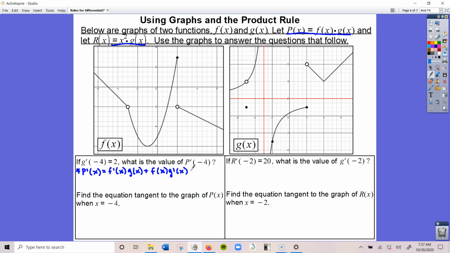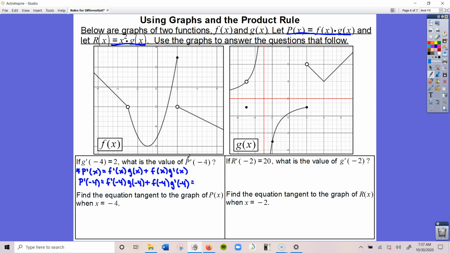This is my general equation for the derivative. Now I'm ready to plug in negative 4. So p prime of negative 4 is going to equal f prime of negative 4 times g of negative 4 plus f of negative 4 times g prime of negative 4.